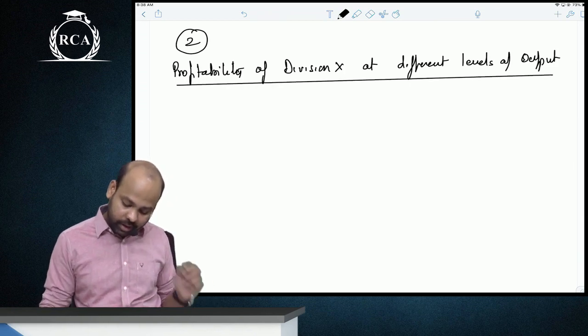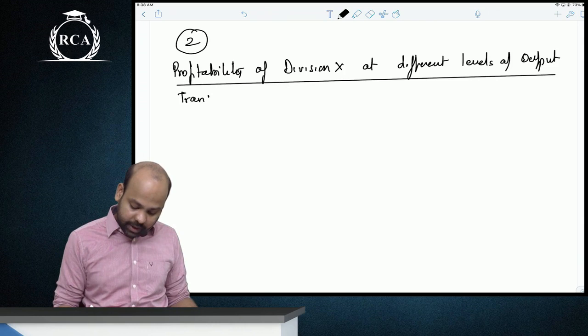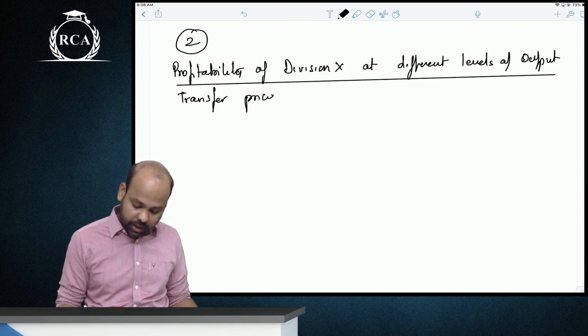Do not forget the transfer price that I specified in the question is 90 rupees.